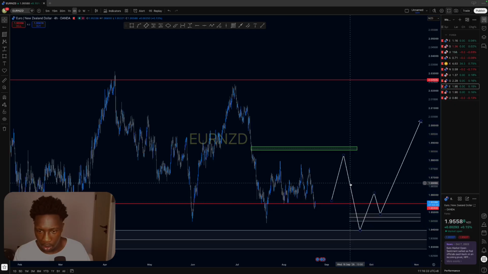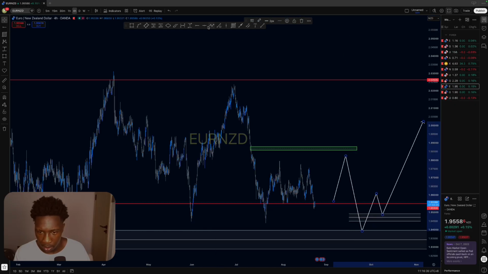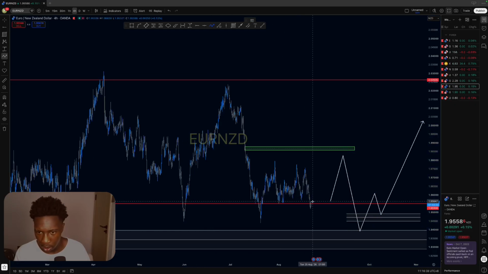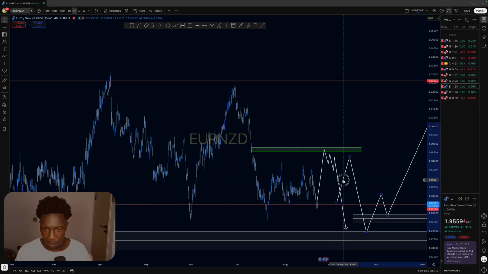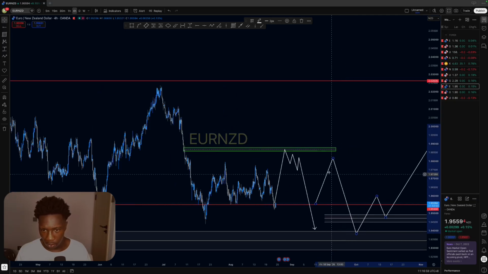So if it moves to the upper side like this, I'll wait for it to change, yeah, like this. Then I'll take the trade to the downside like this. Or it will do like this.